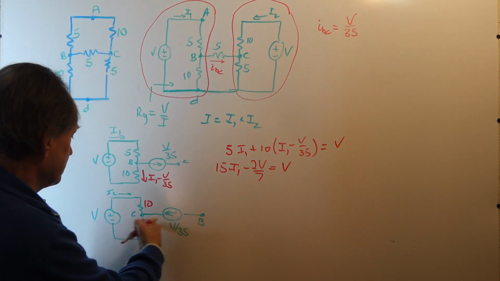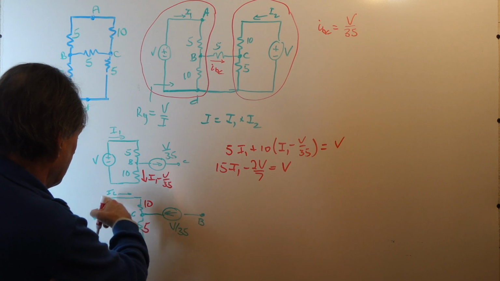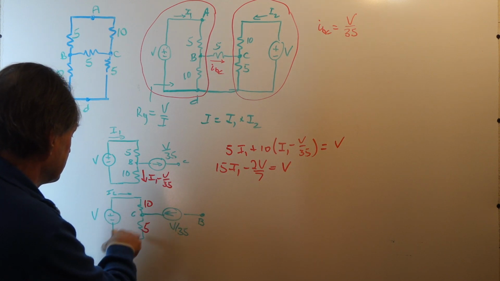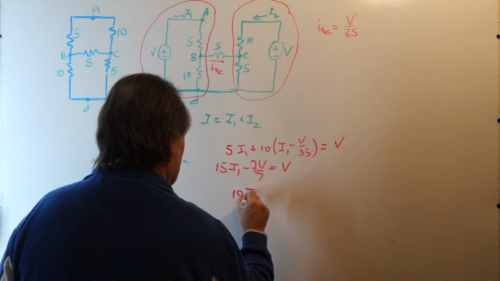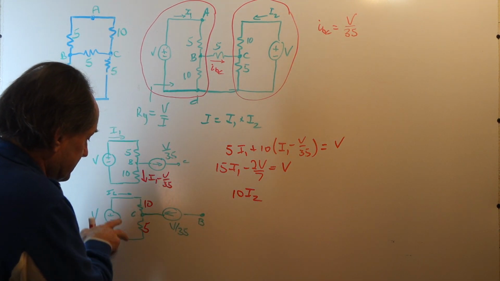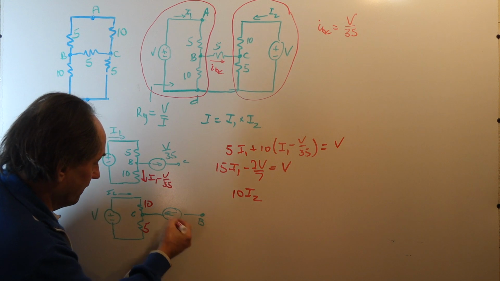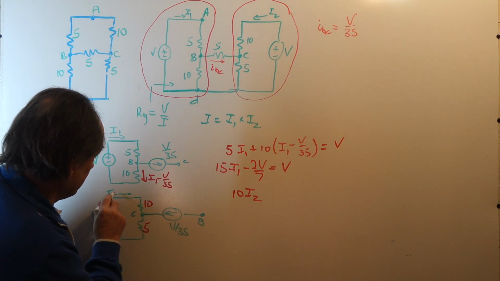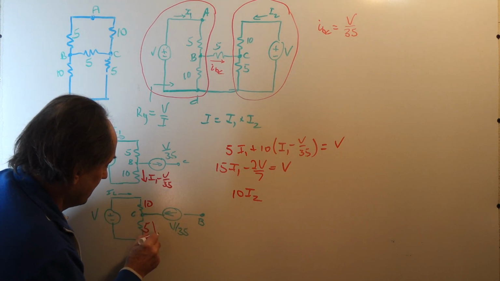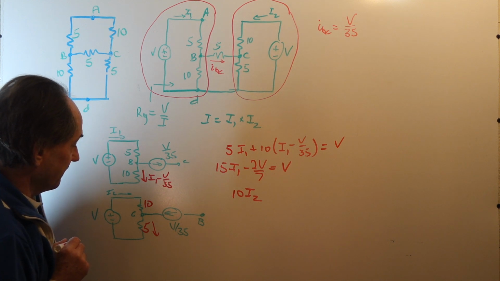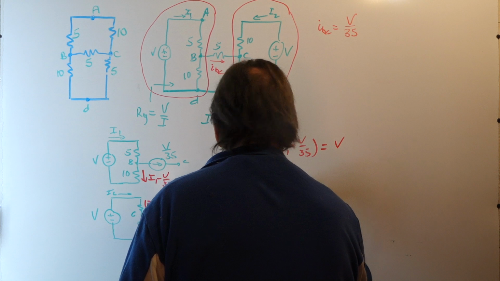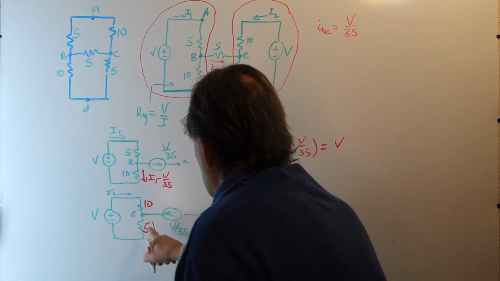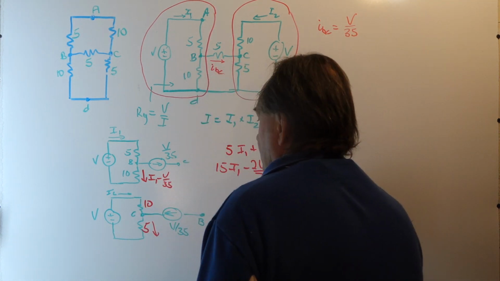Now, for this network, writing Kirchhoff's voltage law around this loop, we have 10 times I2, the voltage across this resistor. Now, V over 35 is sourced in, so I2 combines with this to go into the 5 ohm resistor. So I have plus 5 ohms times I2 plus V over 35.